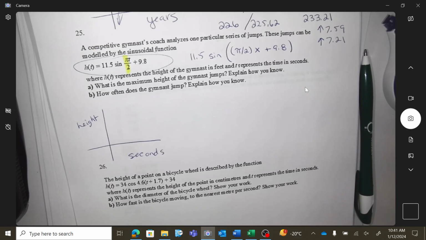What do we need to recognize with our calculator when we graph sinusoidal functions? We wrote this down on our cheat sheet. Graphing sinusoidals, what do we have to be careful of? Mode, your mode.